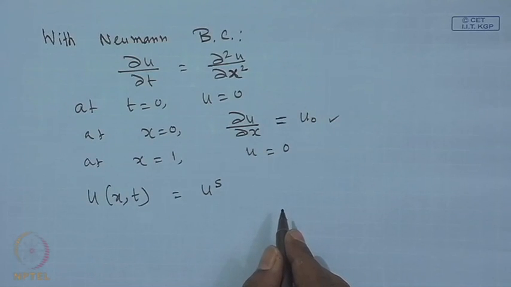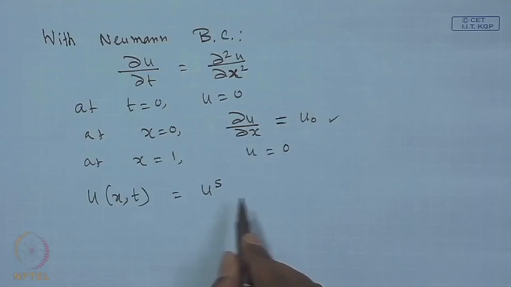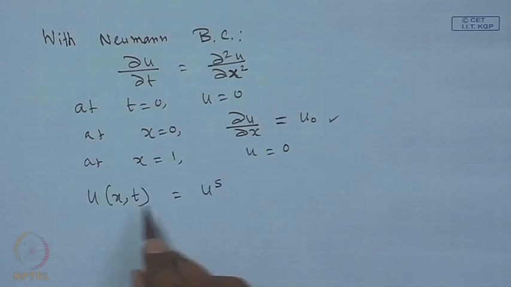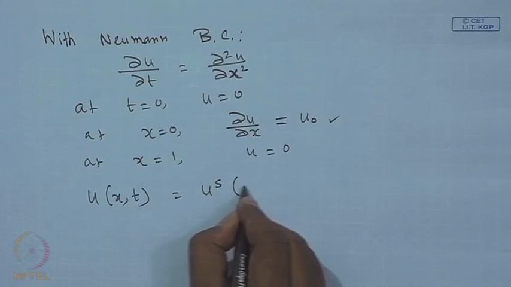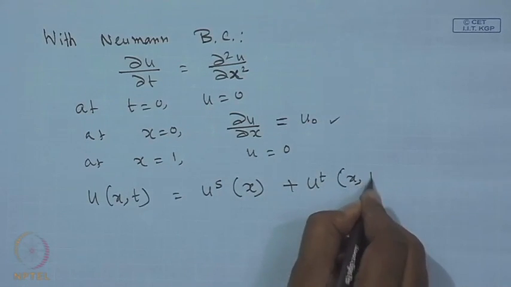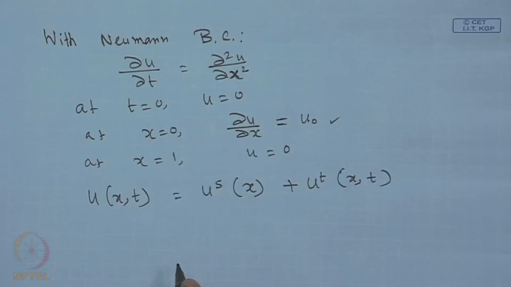I think that will be quite logical, because u subscript t sometimes is defined to denote del u del t. So, in order to avoid confusion, let us put s for steady state part and t for time varying part as the superscript. So, u is u s, a function of x only, and u t as a function of space and time both.